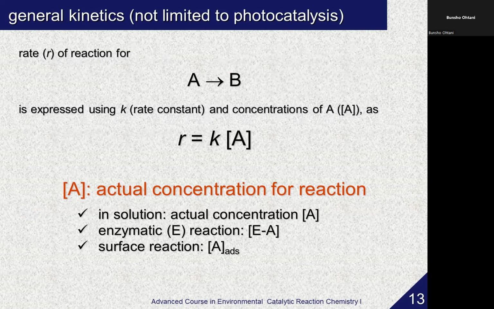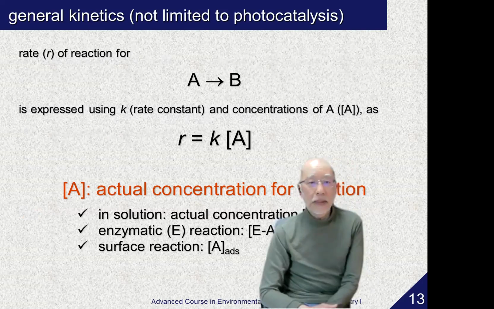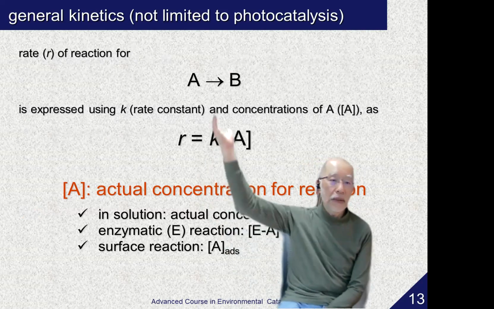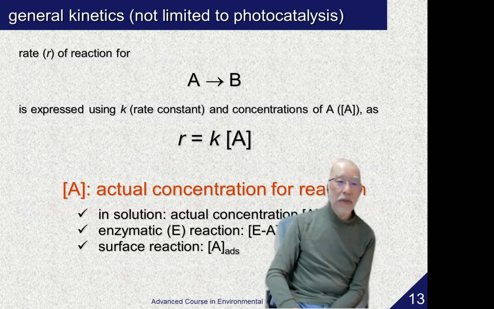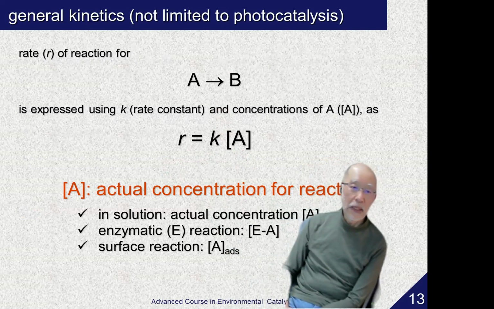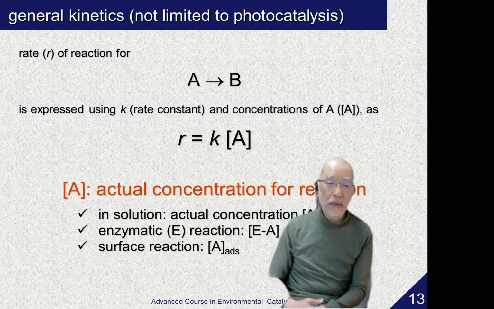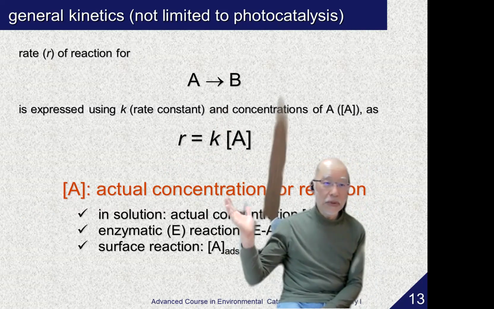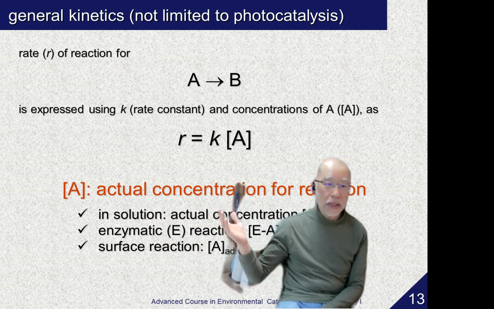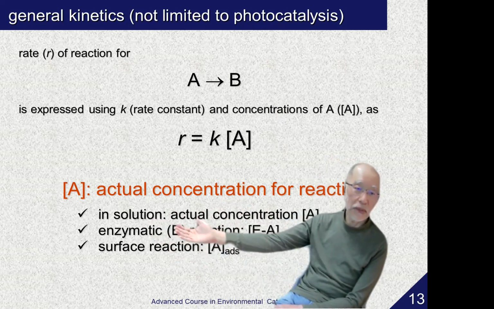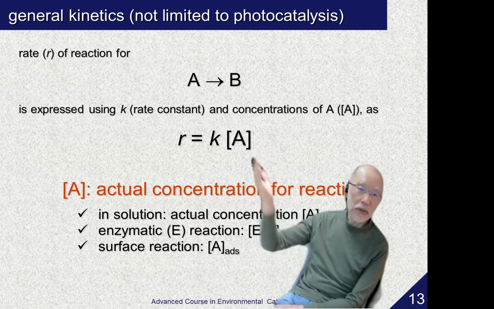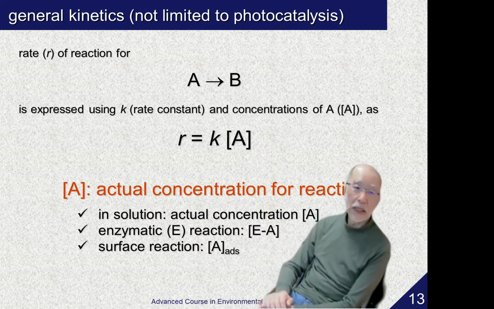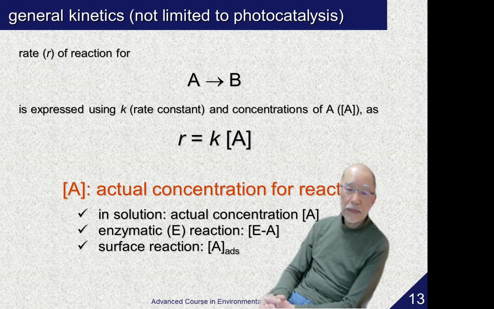If the reaction A to B is expressed using K like this, A must be the concentration of reaction. In this case, this is the conventional one. But in solution, A must be the actual concentration. For example, in an enzymatic reaction, the actual concentration must be EA, that is the complex of enzyme and the reaction substrate.